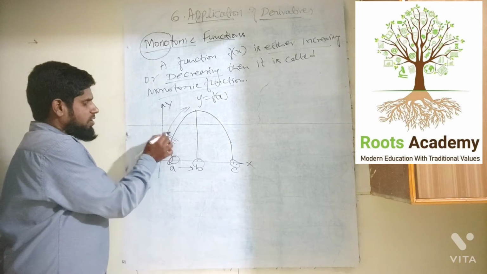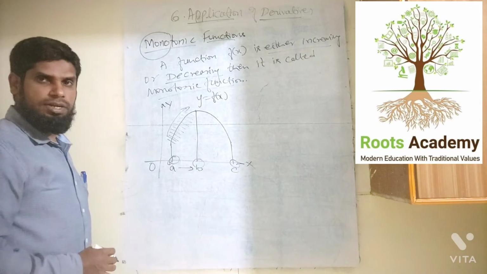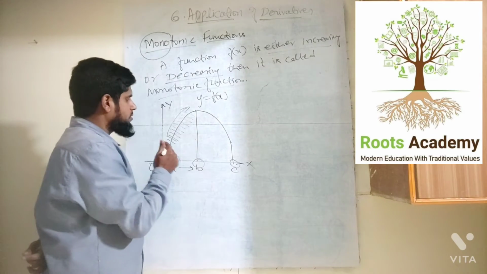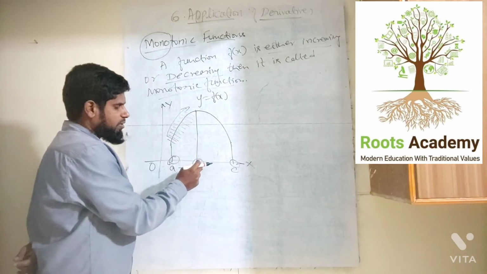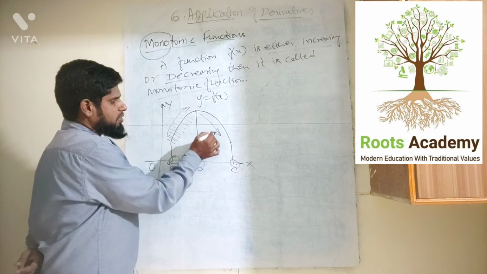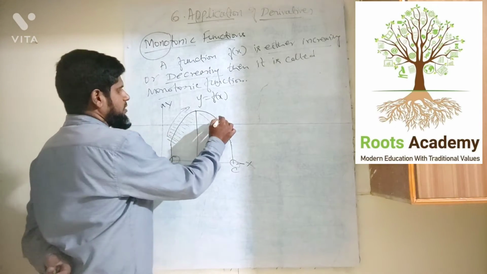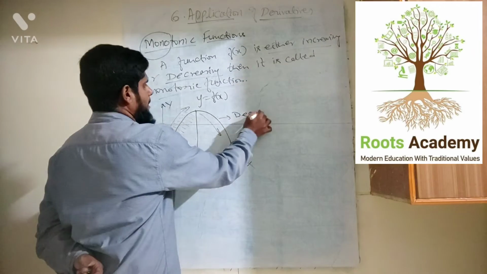As you can see, the values increase. But in the case of the interval B to C, the values decrease. The function is decreasing.